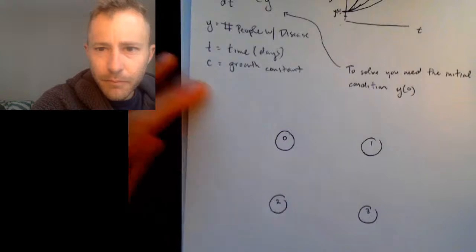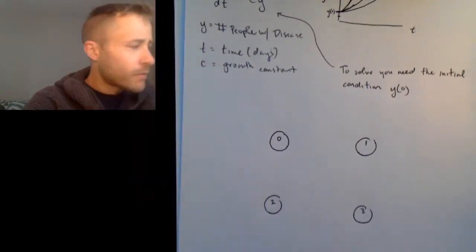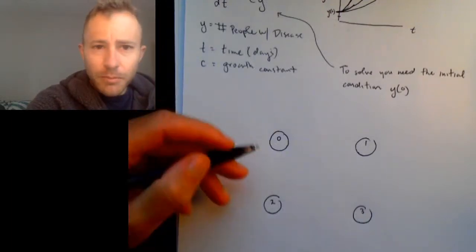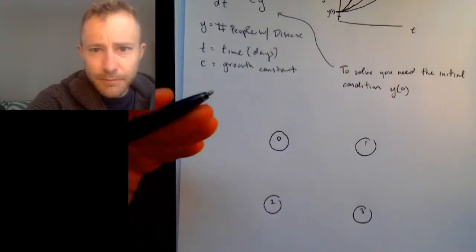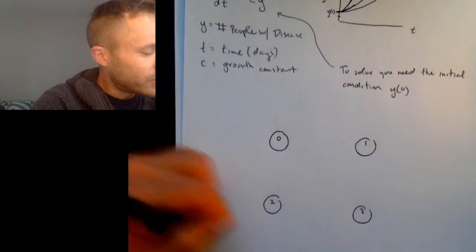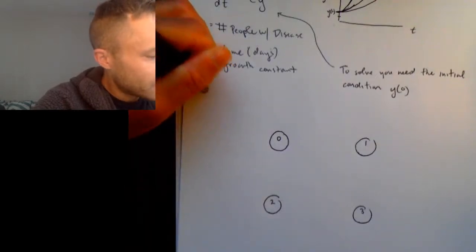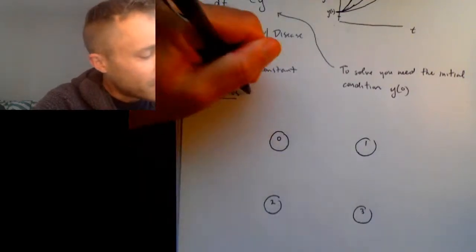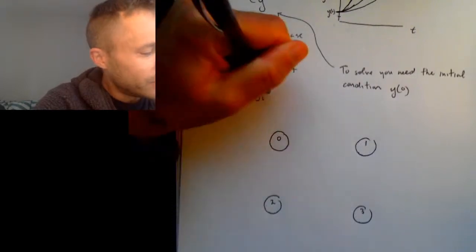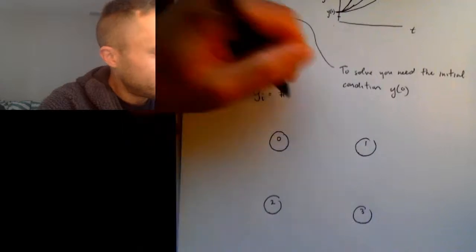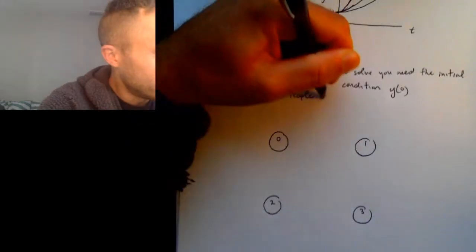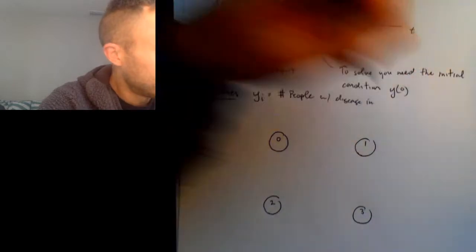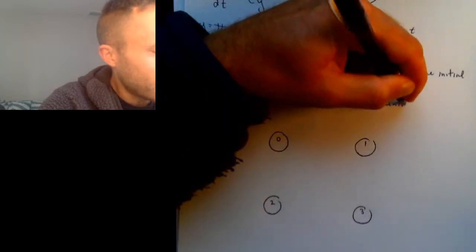And y sub i is equal to the number of people with the disease in country i.